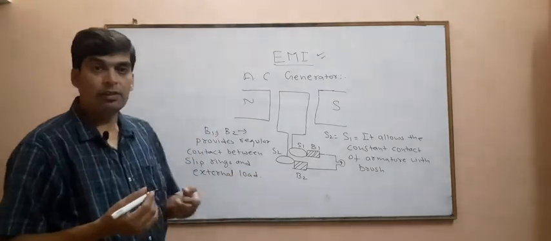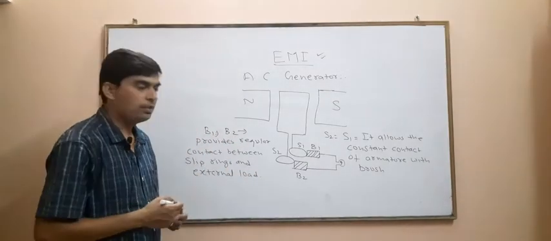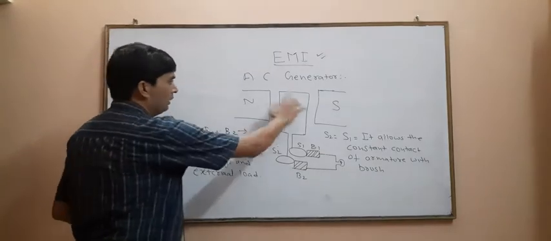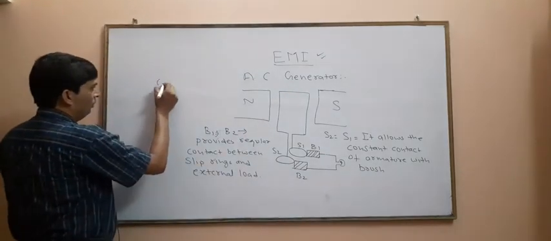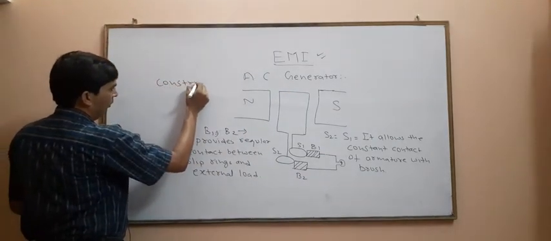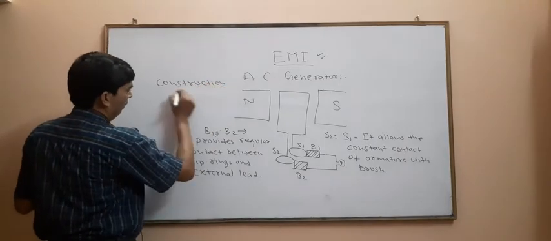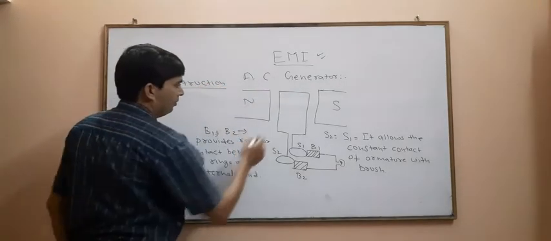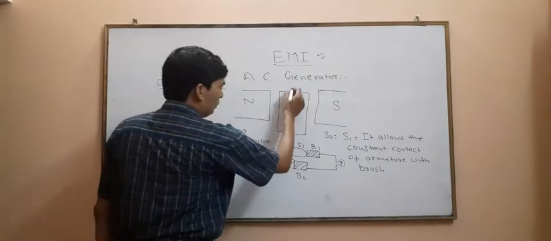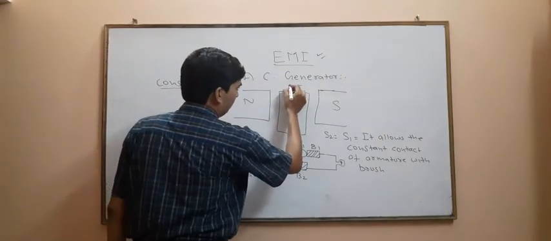External load means things in our house, the fan, the bulbs, all those things. So this is the construction of an AC generator. Here we keep the axle.